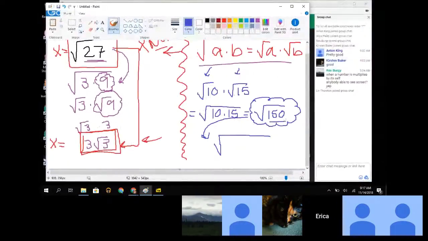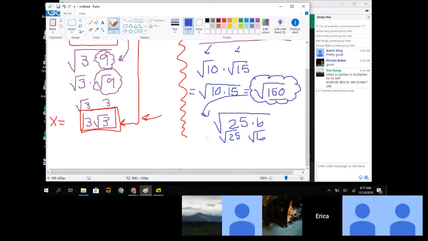So instead of writing 150, I'm going to write 25, because 25 times 6 is 150. And then I can rewrite this as the square root of 25 times the square root of 6, right?